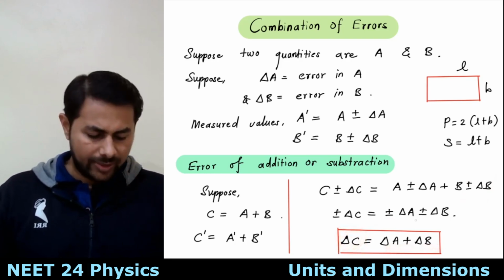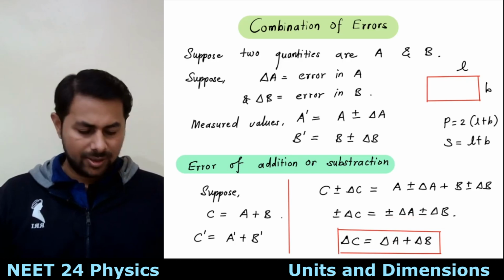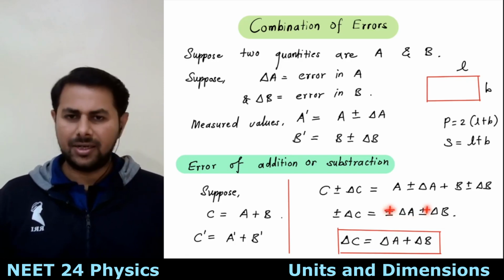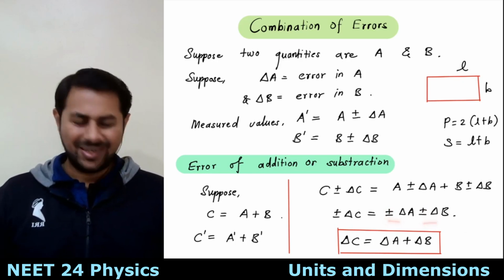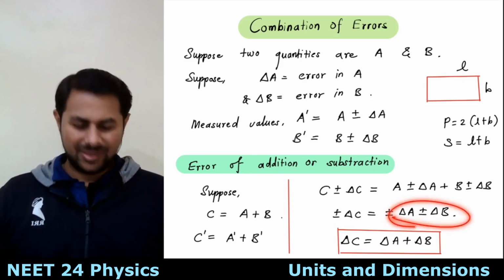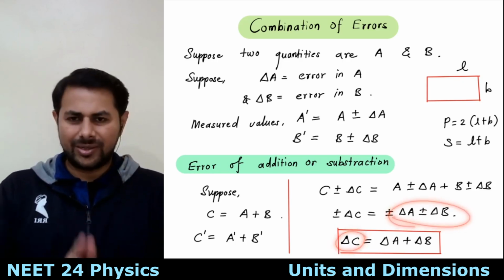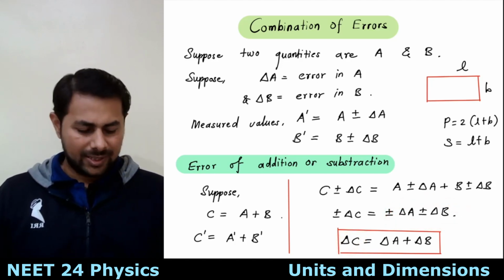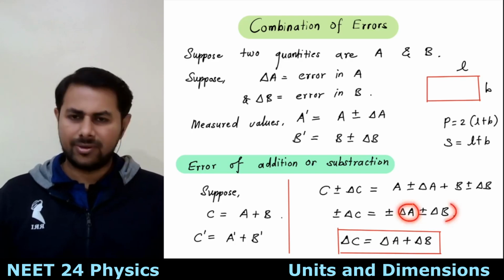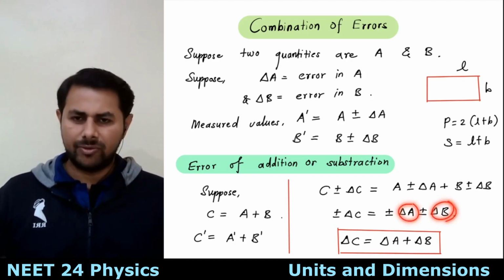So now there are various possibilities here. You can take plus plus, plus minus, minus plus, minus minus, right. But now we want to find out what is the maximum possible error in the resultant, and that's why we just add up the errors, we don't take negative signs.